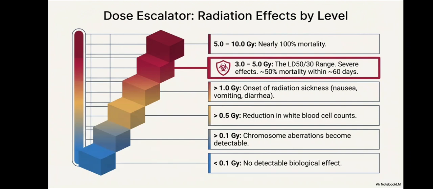Then we discuss acute radiation effects by dose level. Whole body irradiation produces several biological effects depending on the absorbed dose.